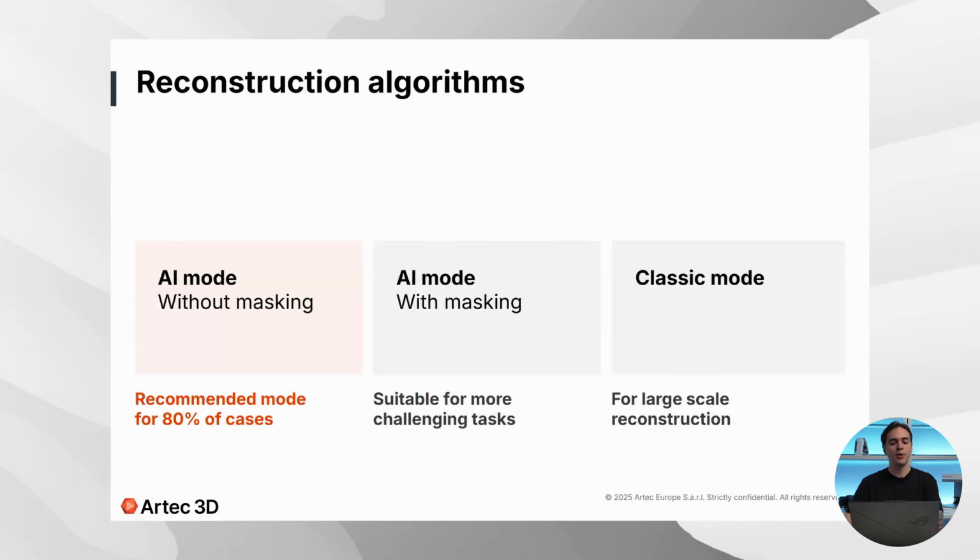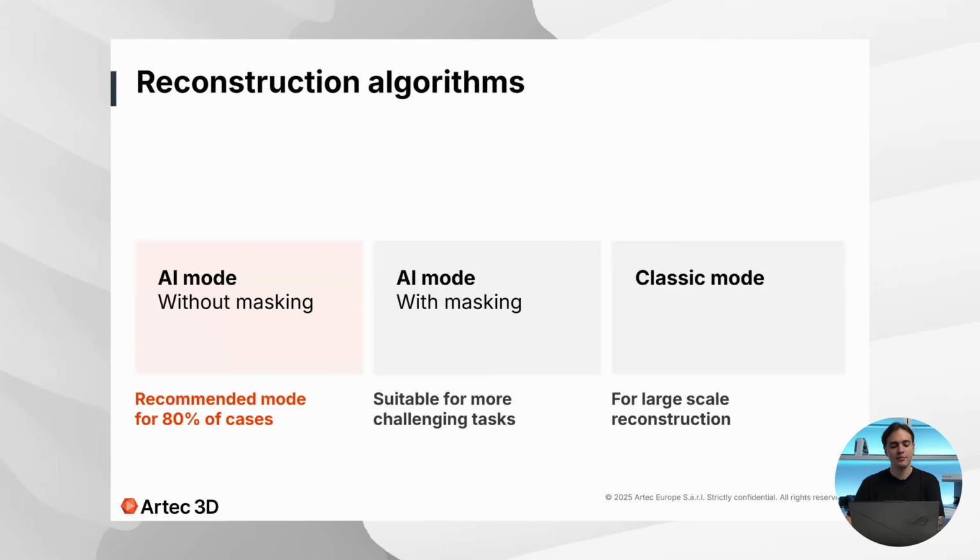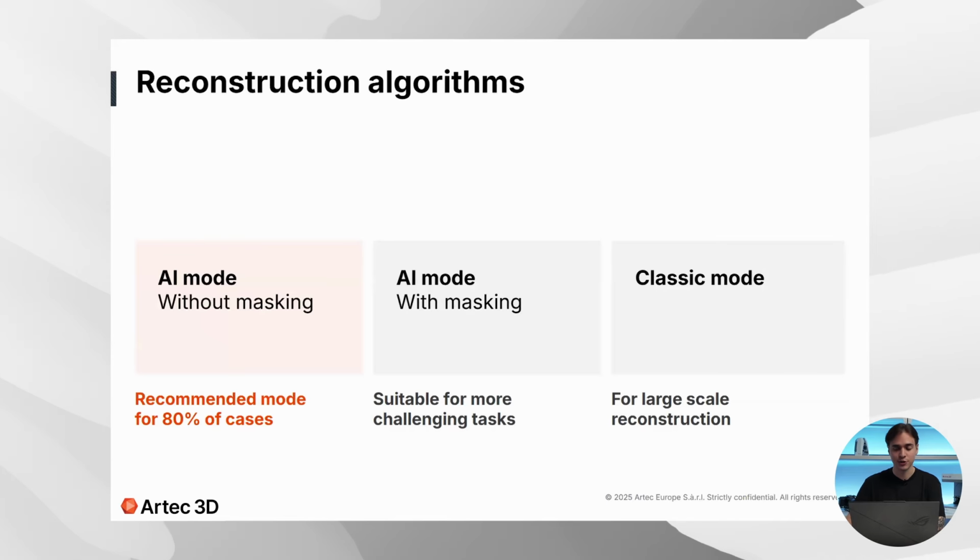The first AI mode, the default one, does not use masks, and it is recommended for 80% of the cases. Then we have the AI mode with masking, and it's suitable for more challenging tasks. And finally, we have classic mode, which is suitable for large-scale reconstruction.